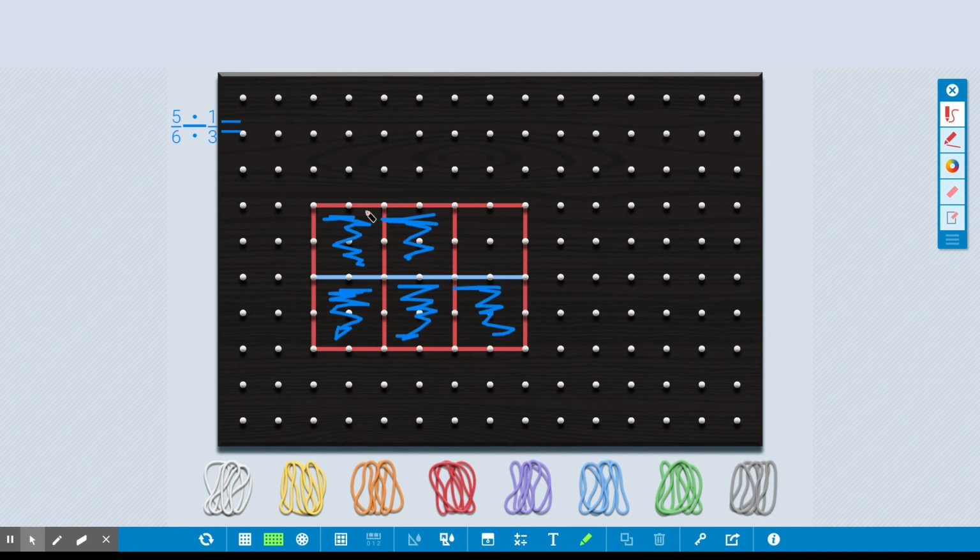So I have 1/3 filled in from 2 of my 6ths, a second third filled in with 2 of my 6ths, and then in my last third piece, only half has been filled in. So I have 2.5 thirds filled in.